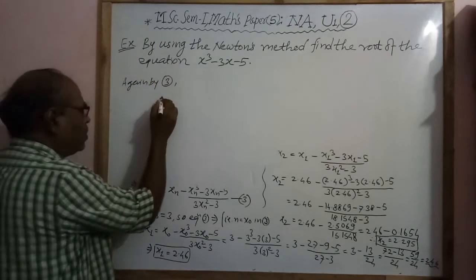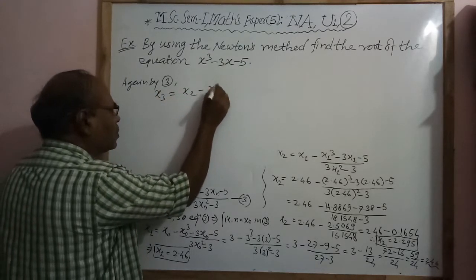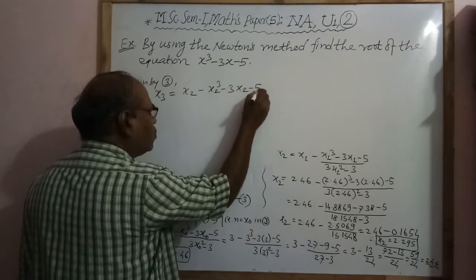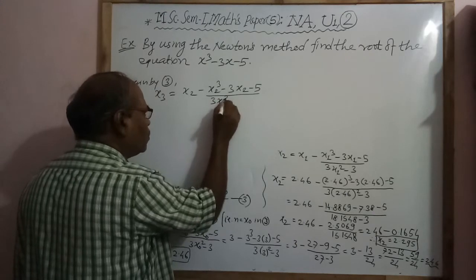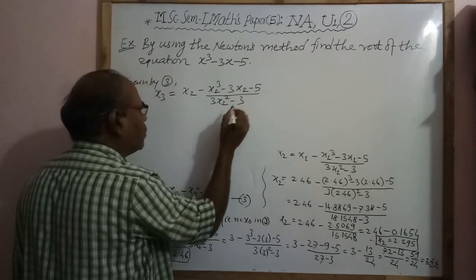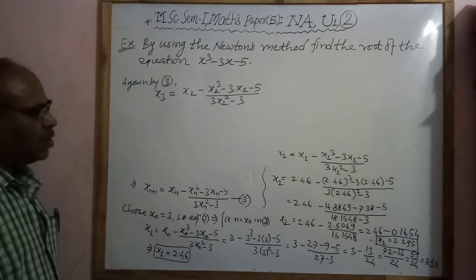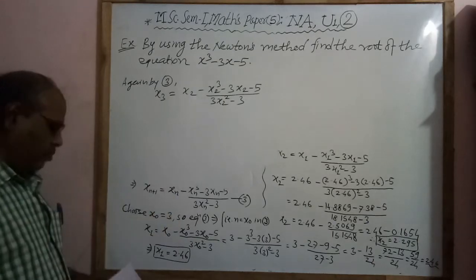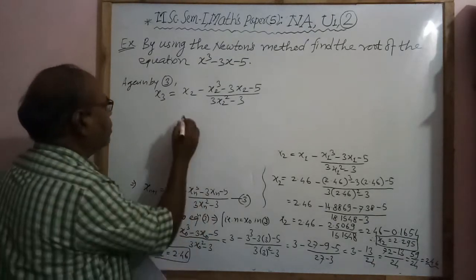Putting the value of x2, which is 2.295, and simplifying, we get x3 equal to 2.279.